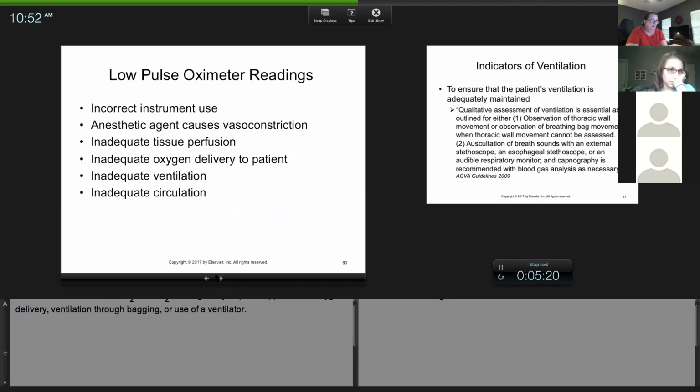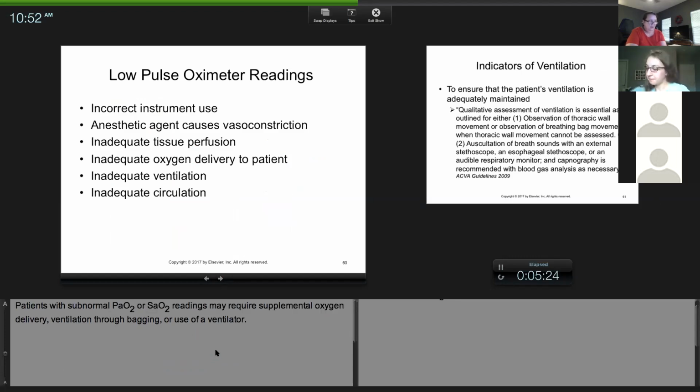Okay, this is a very important slide, number 60. This is why you get low pulse oximeter readings. Incorrect use, just like I told you: you have it shining on the outside of the pinna, and then you get all panicked because your pulse ox is 90. And then I walk in there and flip it around and I get 97.